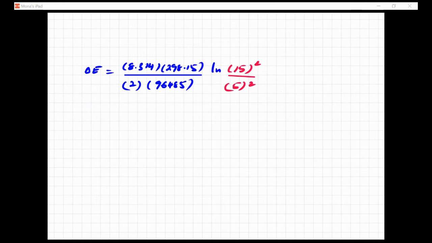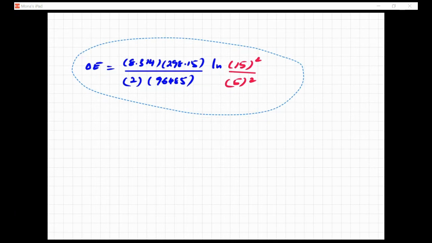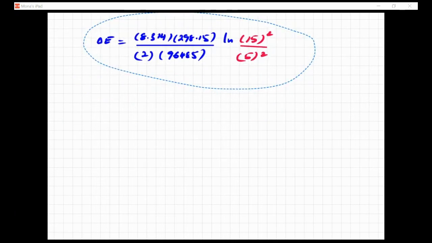This is what we are going to be left with when we cancel. So are you okay? Yes. So 15 on the top, 15 squared and 5 squared. So this is your equation.